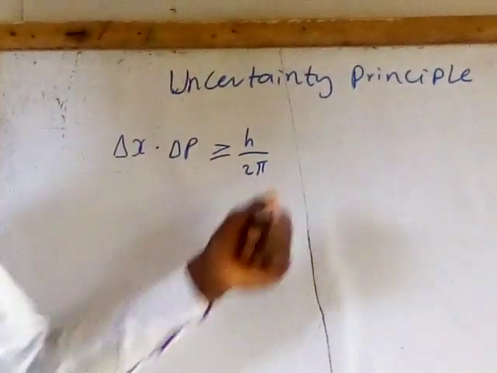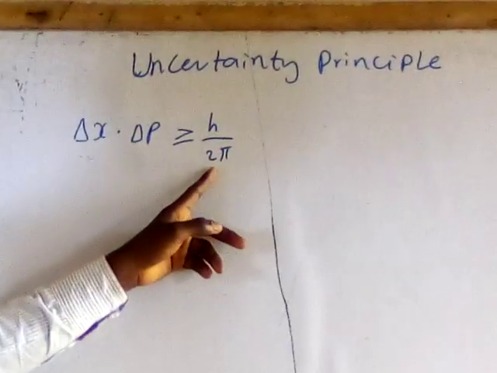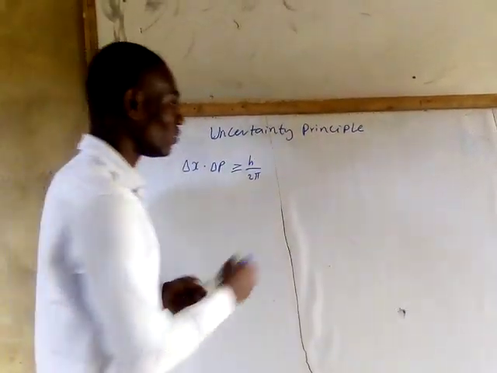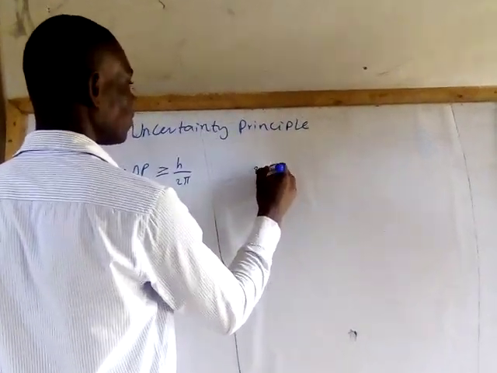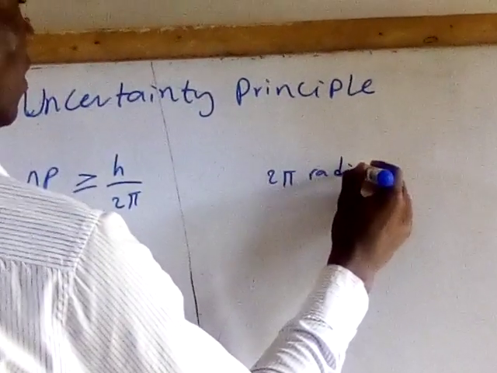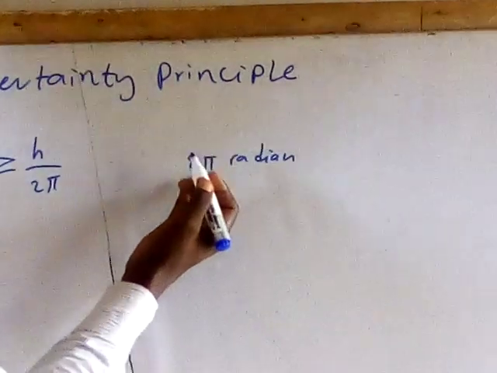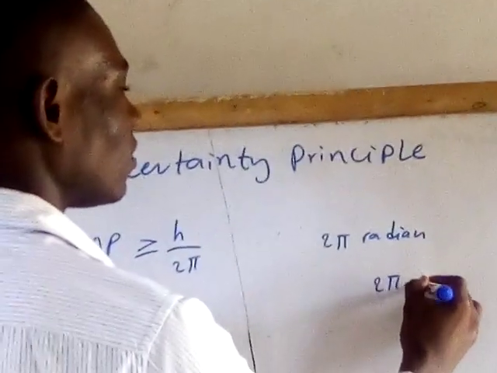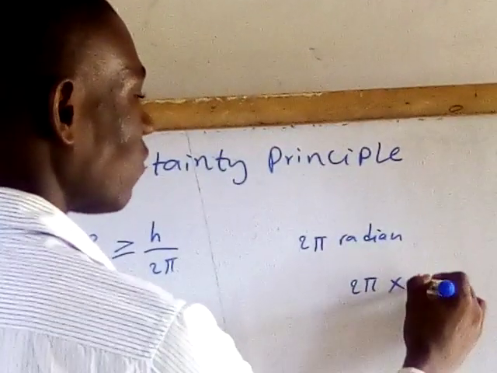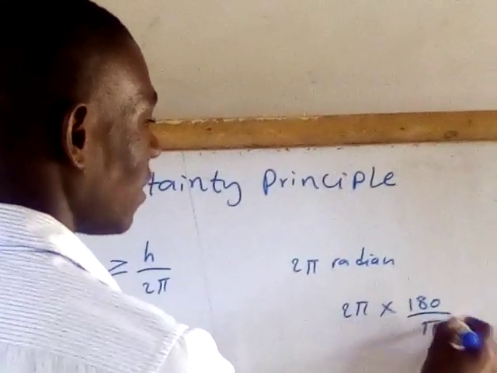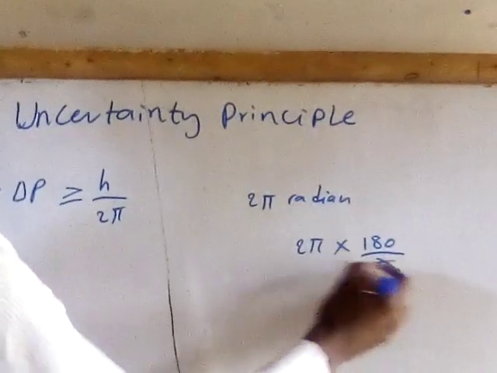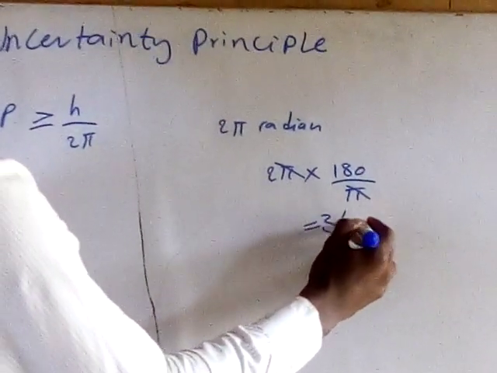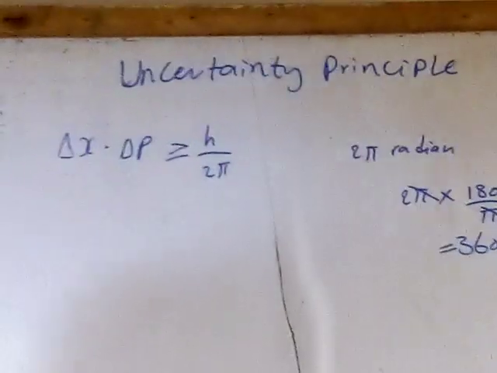Now 2 pi here is equal to 360 degrees. Let's see how that works. If we say 2 pi radians, if we are changing from radians to degrees, we multiply by 180 over pi. So in that case, pi is going to cancel pi. 2 times 180 will now give us 360 degrees.